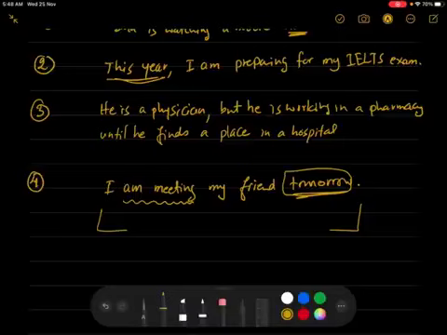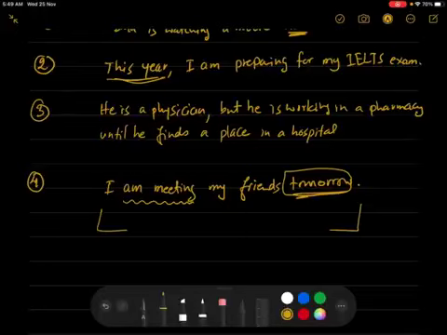I have determination that I will meet my friends tomorrow. It means that I have a strong will and strong determination that tomorrow I will meet my friends.